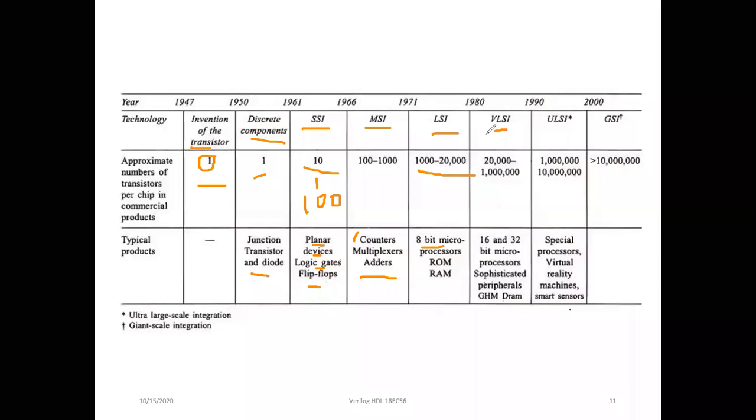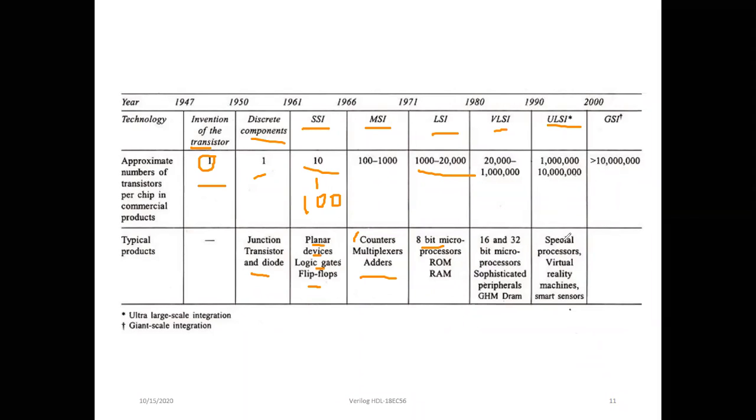Those things and all will come in VLSI. Later, ULSI has come. ULSI is nothing but 10 lakh transistors to 100 lakh transistors in a single IC.